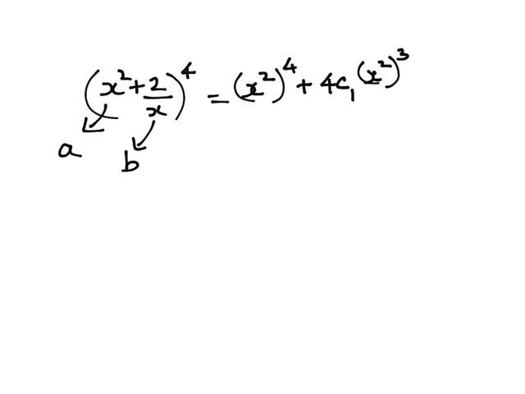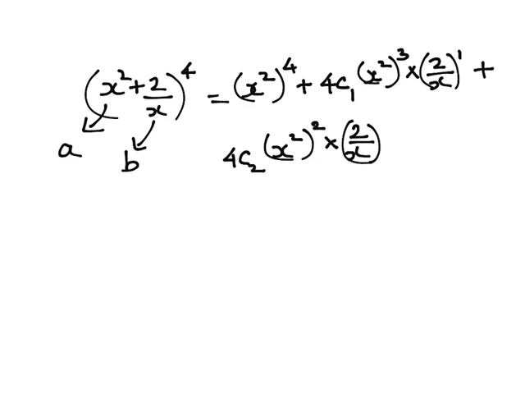And now we'll have 2/x here, (2/x) power 1, plus the third term is 4c2, now (x²)² into (2/x)². The power will start increasing by 1 from the second term, and the fourth term is 4c3 (x²)¹ into (2/x)³, and the last term will definitely be (2/x)⁴.